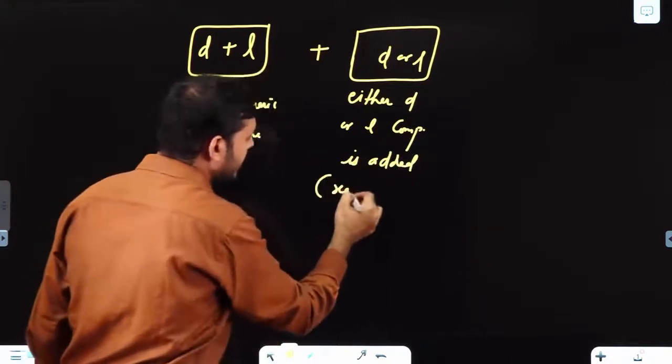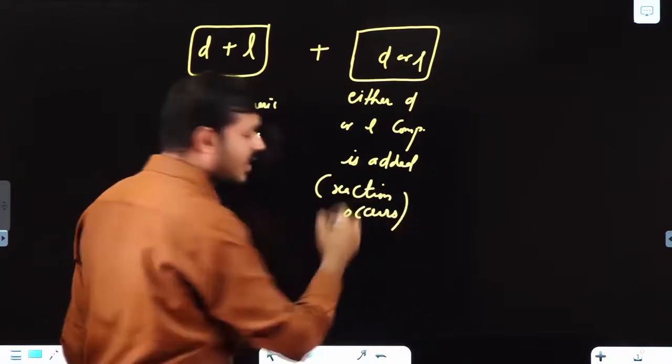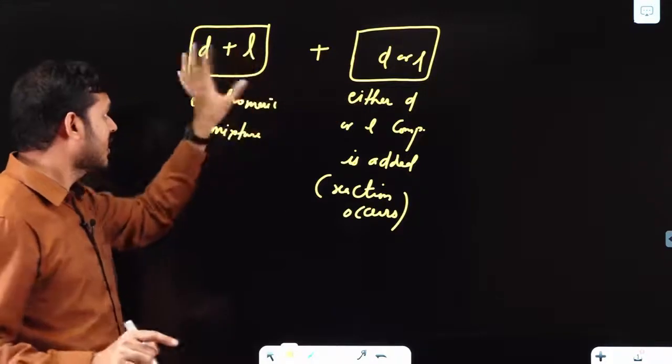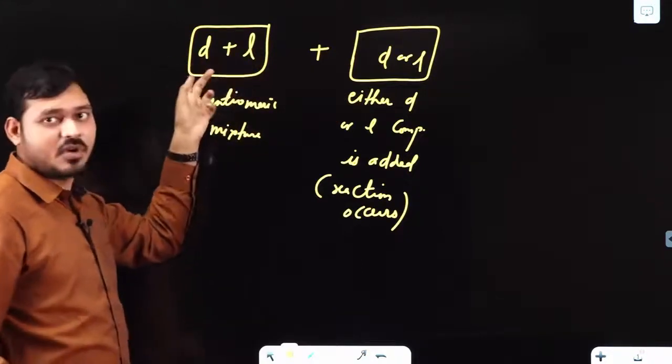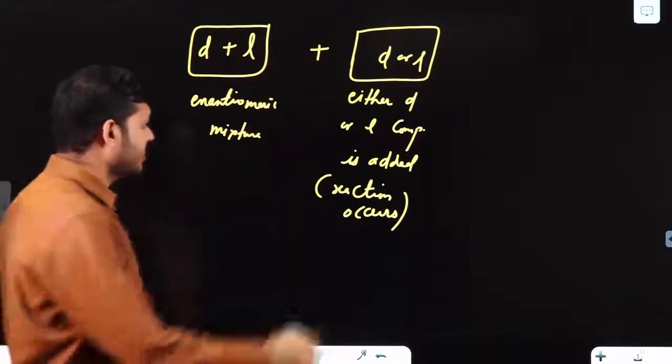Better to say a reaction occurs. You are adding one compound. See, that compound must not be this compound. Okay, it is a very different compound, but it is optically pure, optically active.